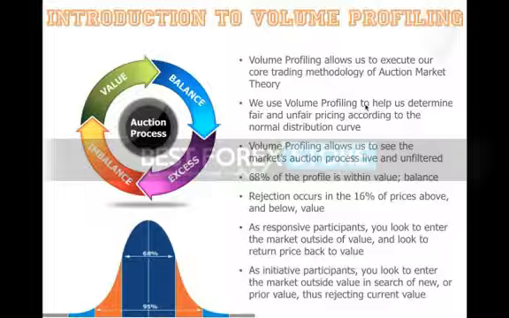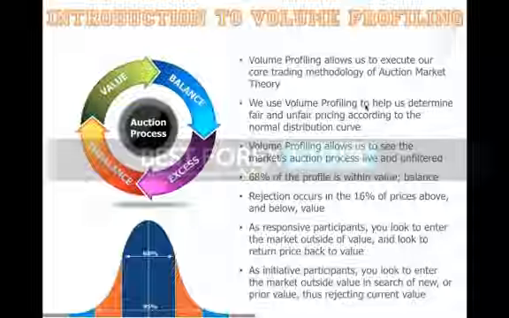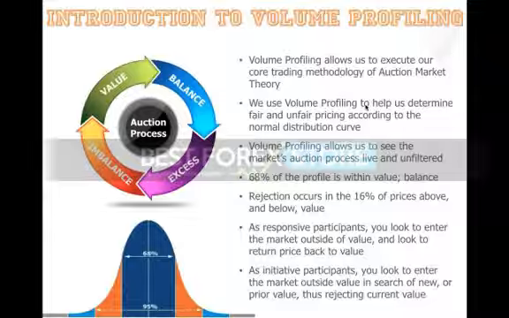Volume profiling allows us to execute our core trading methodology of auction market theory. We will use volume profiling to help us determine fair and unfair pricing according to the normal distribution curve. Volume profiling allows us to see the market's auction process live and unfiltered. 68% of the profile is within value and balance.